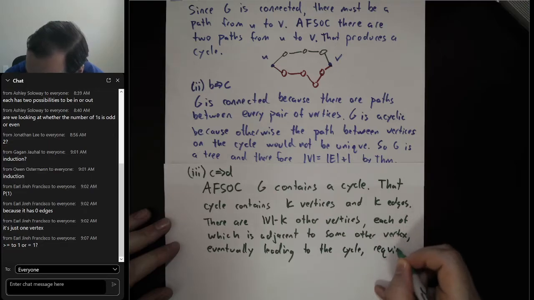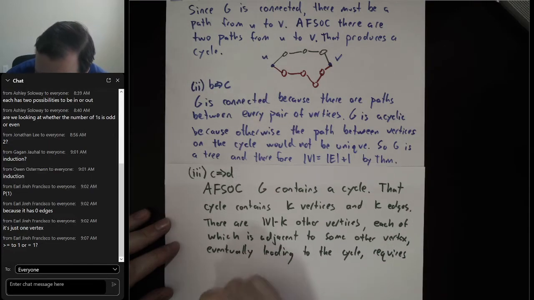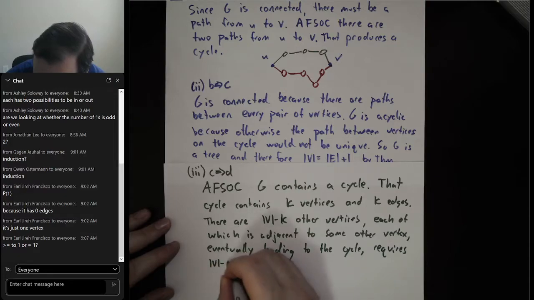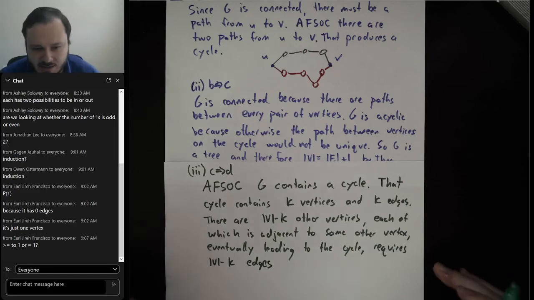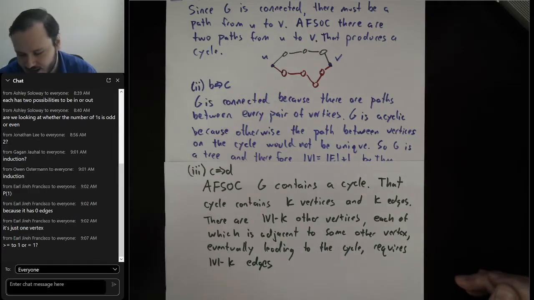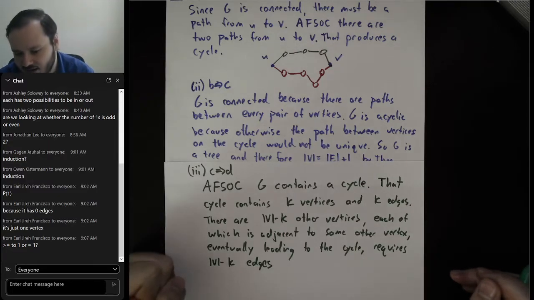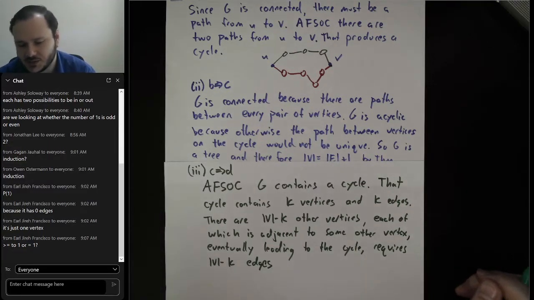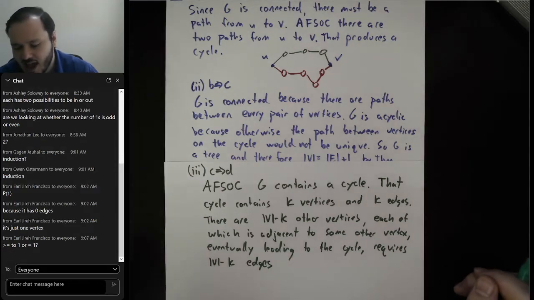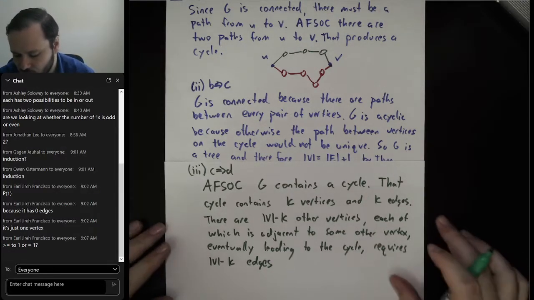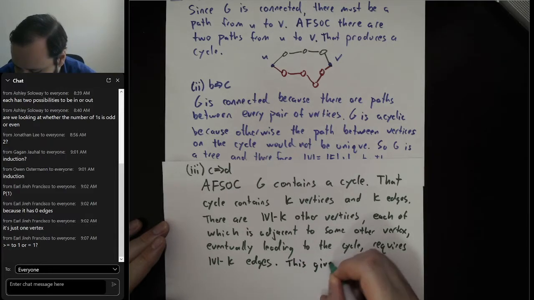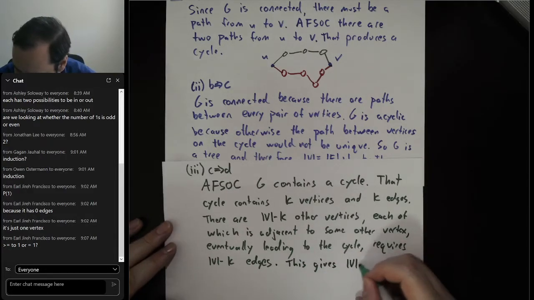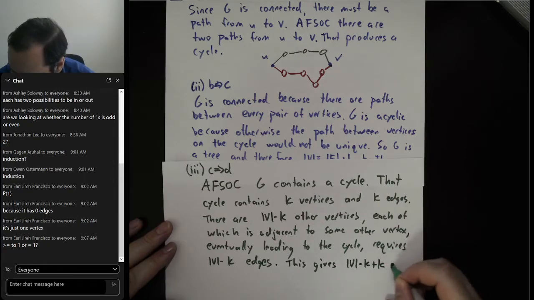Which requires that number of vertices minus k edges. Right, so if I'm going to connect all of these vertices back to the cycle, I need an edge either to connect that vertex to the cycle directly or to connect that vertex to a vertex that's connected to the cycle. Anytime I'm adding one more vertex, I need one more edge. But this gives size of V minus k plus k edges.